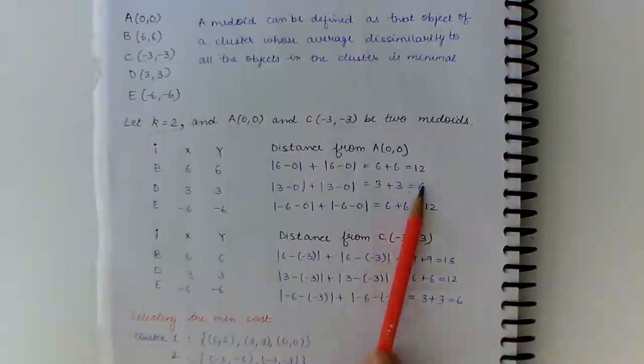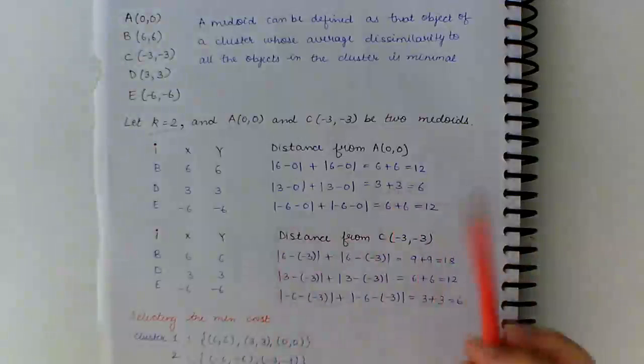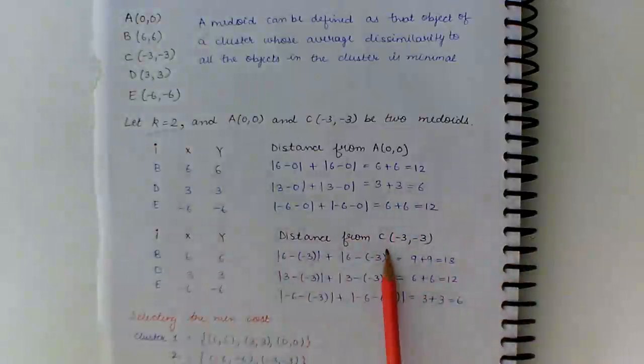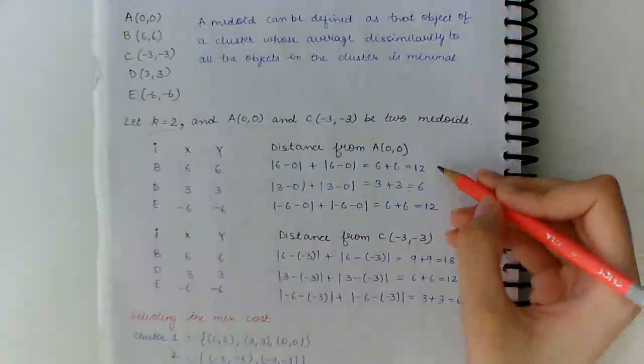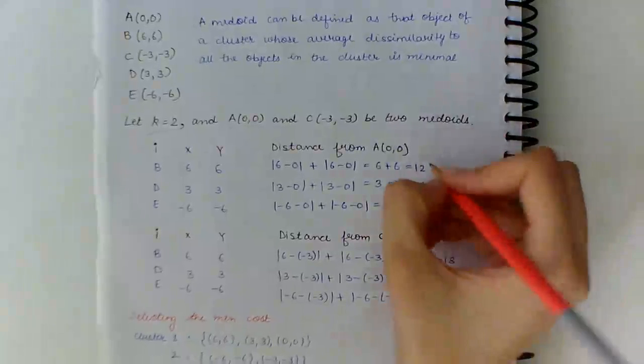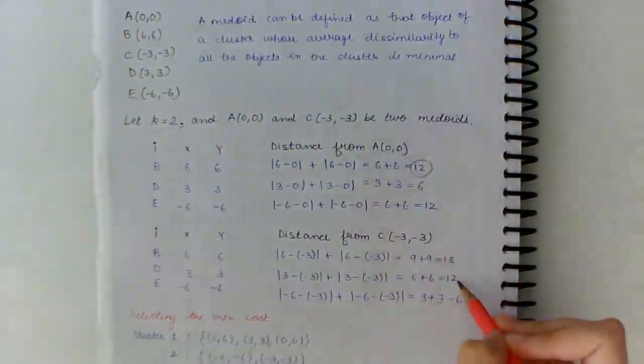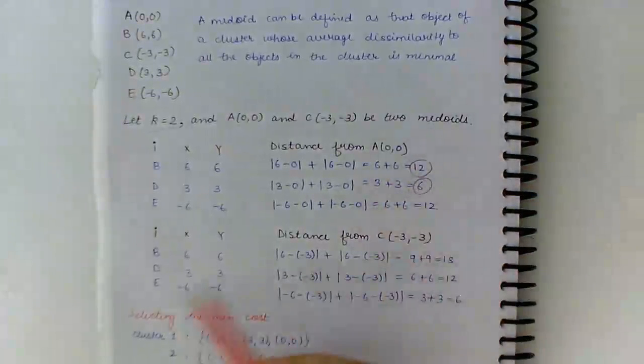Here we calculate the values for B, D, E, and similarly for C with B, D, E, and we take the minimum value. For B the minimum value is this one, for D the minimum value is this one, and for E the minimum value is this one.